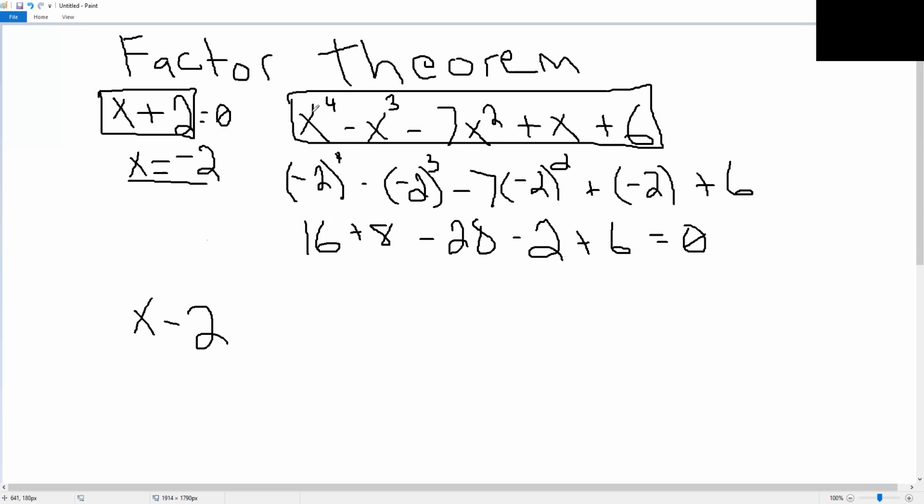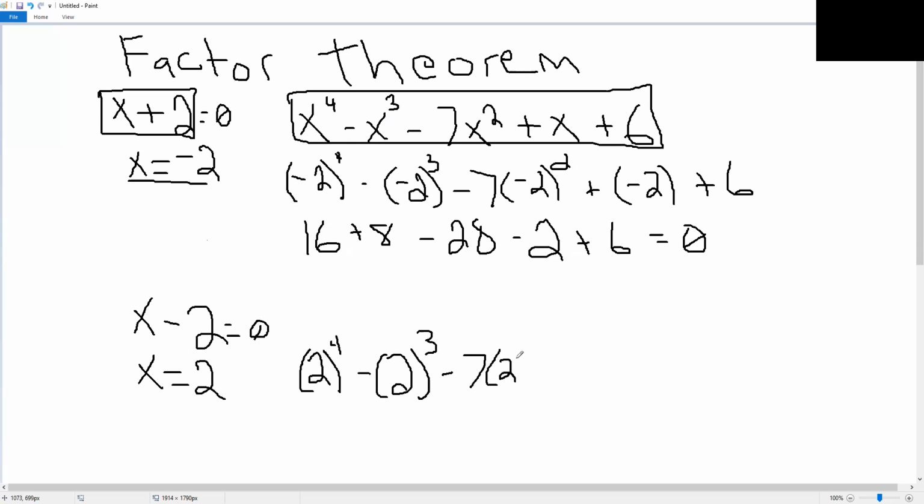So if we set this to 0 and say x equals 2, we'll have 2 to the power of 4 minus 2 to the power of 3 minus 7 times 2 to the power of 2 plus 2 plus 6.